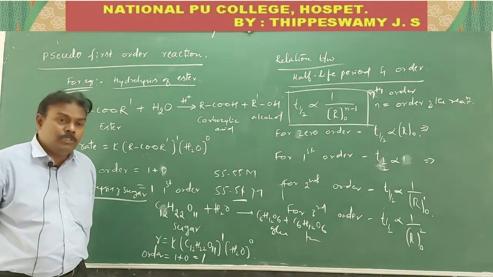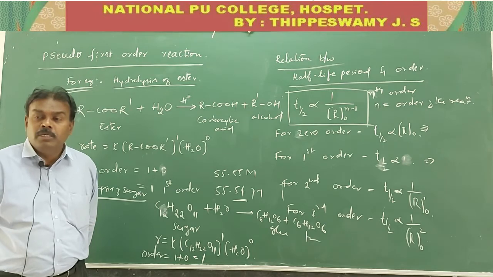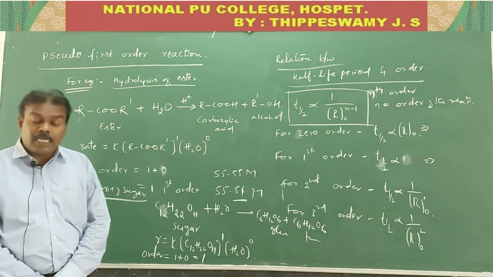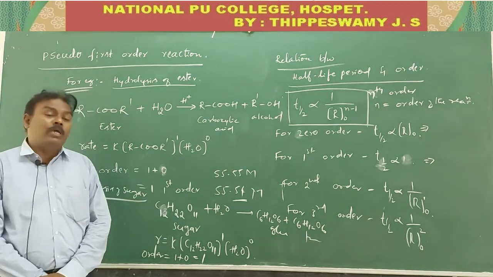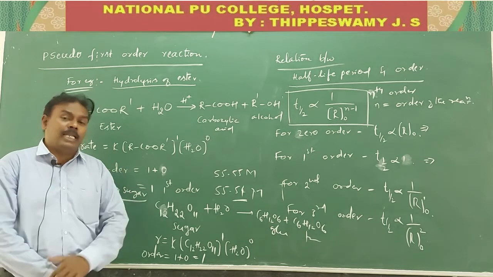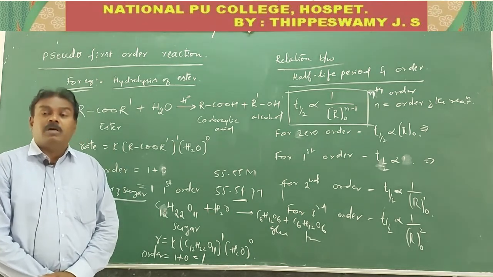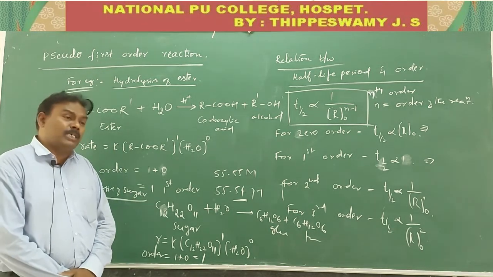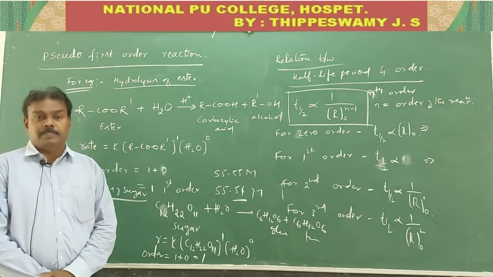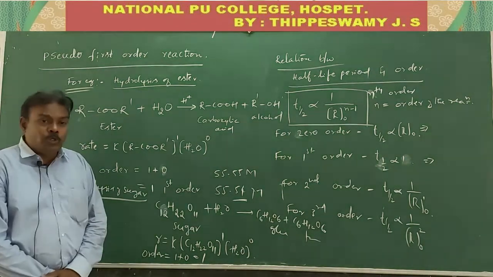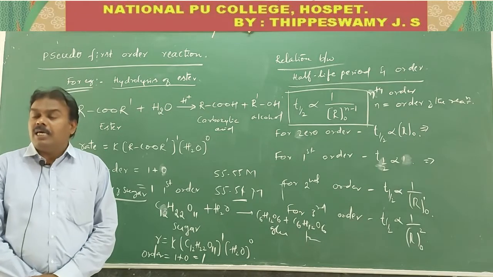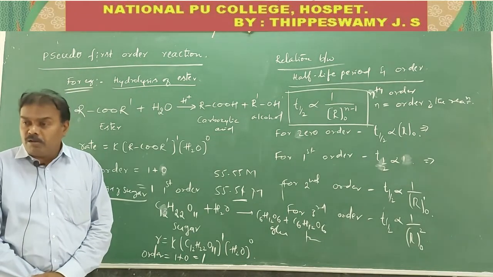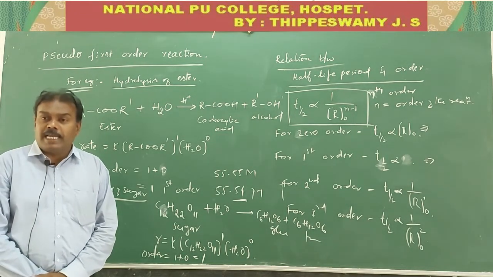The reaction in which any of the higher order can be converted into first order by taking all the reactants except one in large excess is called what? Pseudo first order reaction. Following all of you? What is pseudo first order reaction?